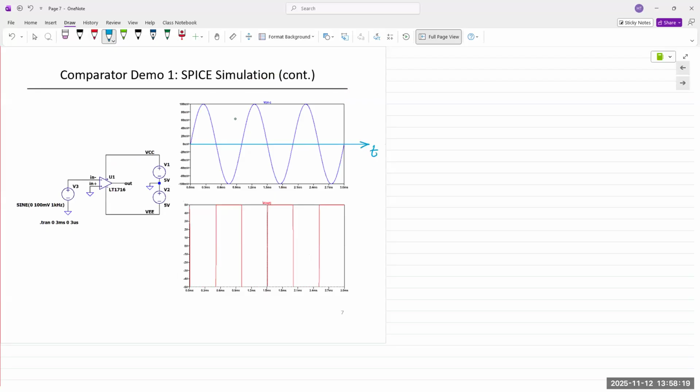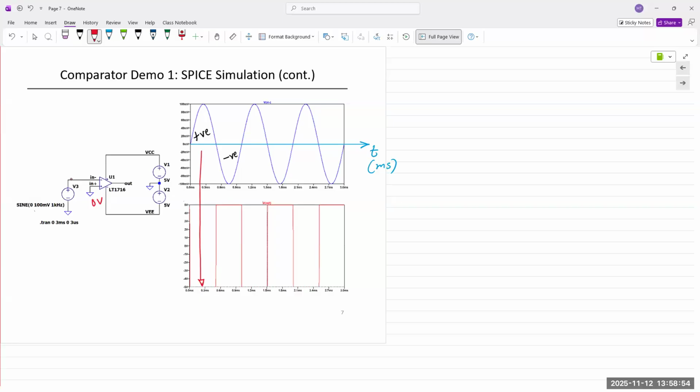This is time. Time is in milliseconds. If you look at the output waveform, what do we see? The sine wave here is positive, and this is negative. V in plus is always held at 0 volts. That means anytime the negative input is above 0 volts, the output of the comparator should go to 0, which is what we see here.